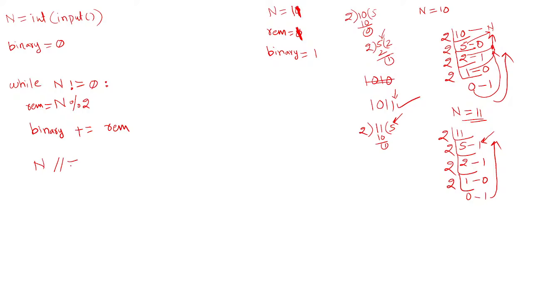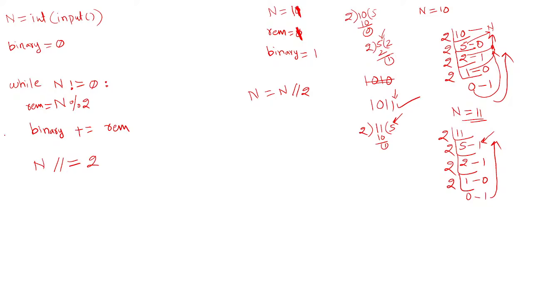So n //= 2, which is nothing but n = n // 2. When you divide n with 2, the quotient it returns, you are catching in n. That means you are reducing n to 5. The n value becomes 5 here.